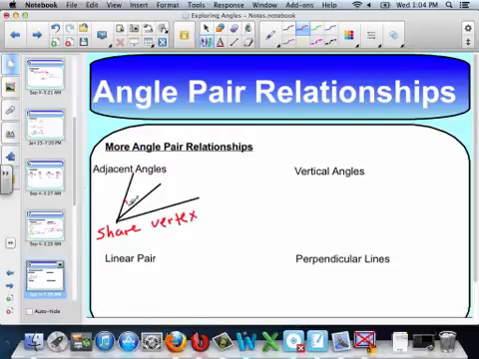Notice that this angle and this angle are sharing the vertex, and they also share a side. That's what makes it an adjacent angle. They have to share a side and a vertex, and they have to be connected. But I went like this, and they connected.